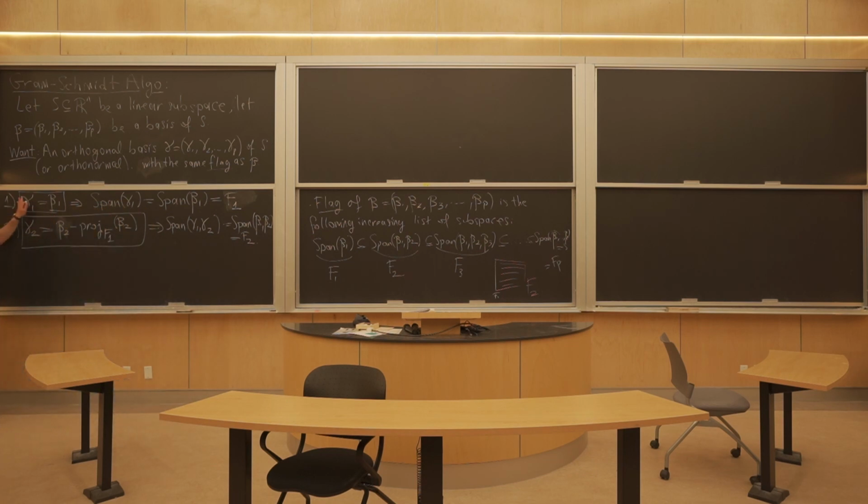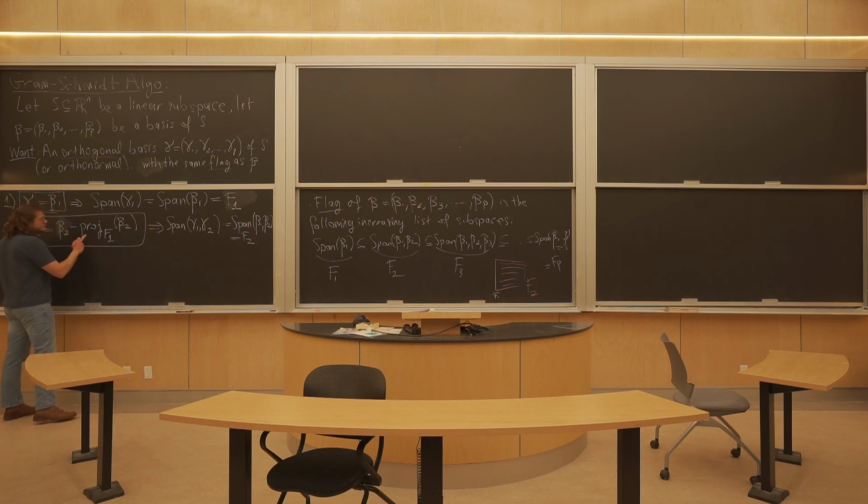Step 1, I'm choosing gamma 1, my first new basis vector, to be the same thing as beta 1. I'm just looking for orthogonal. And you see the span of gamma 1 obviously is the span of beta 1 because they're the same vector, and it is this one-dimensional space. Step 2, now I'm looking at gamma 2. I'm defining this to be this.